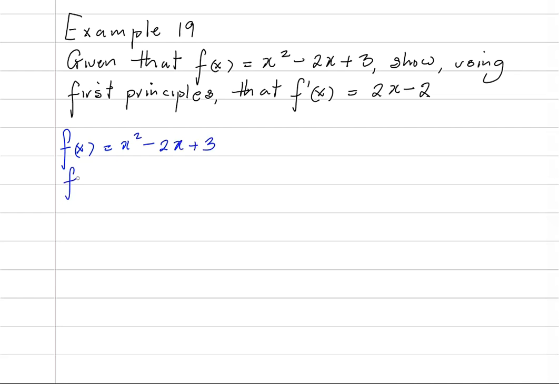Now, f of x plus h would be equal to x plus h squared minus 2 times x plus h plus 3. So again, anywhere in f I see x, I take out x and put x plus h.